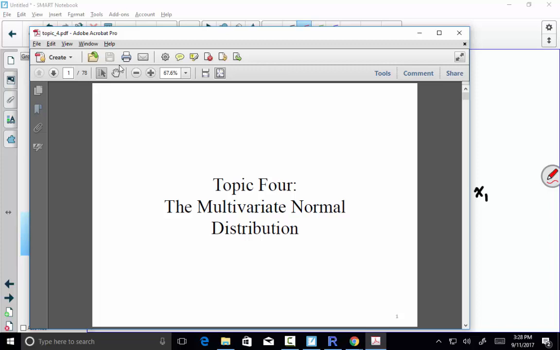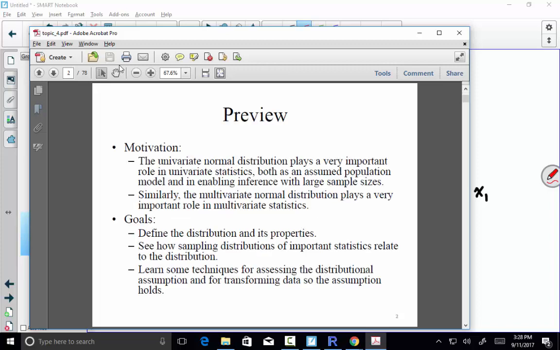If you use a method whose assumptions are not valid, then your results are potentially not valid. So we'll want to be able to check, does multivariate normality appear reasonable? And we'll also see a technique for, suppose your data are not multivariate normal, transforming the data to make them more closely multivariate normal. All right.